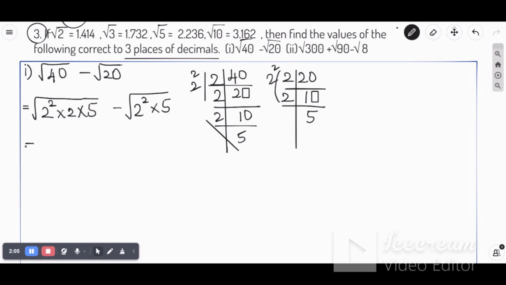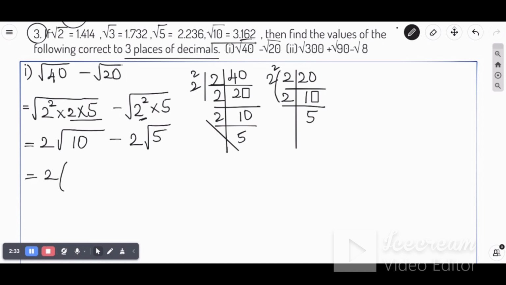So now what we can do is, since this is square root, you can take this 2 square outside as a simple 2. Then you put your square root symbol and write the remaining stuff. So 2 into 5 is nothing but your 10. Minus, again here also you can take 2 square outside the square root as 2, and square root of 5. So now you have got the square root of 10 value.